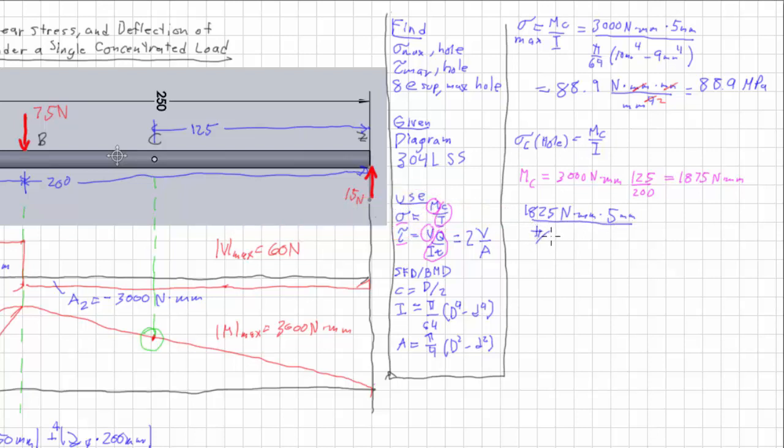Pi over 64 times 10 millimeters to the fourth minus 9 millimeters to the fourth. And we end up with 55.5 megapascals. We could have used the same ratio to simply change our stress, but I wanted to show the use of this equation one more time.